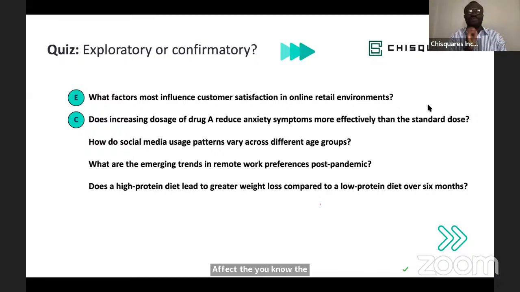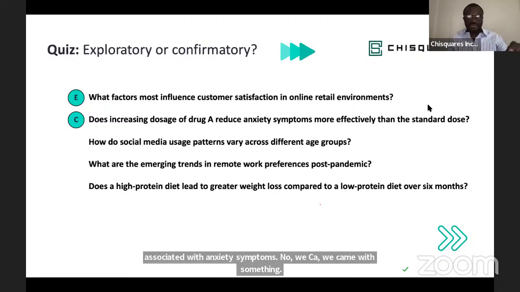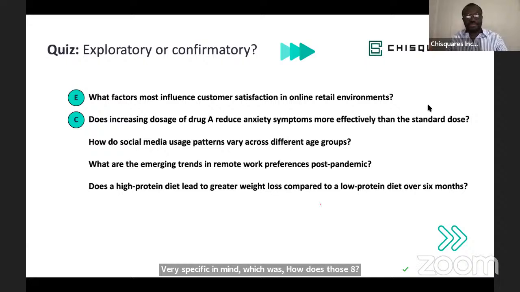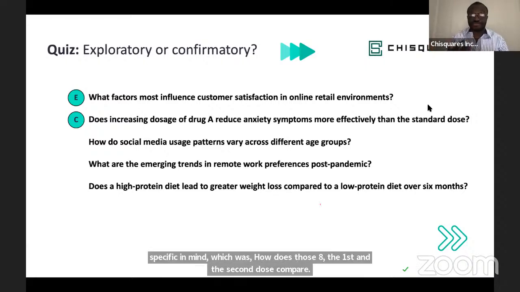We're not coming with a blank mind and saying, let us just see what factors are associated with anxiety symptoms. No, we came with something very specific in mind, which was, how do the first dose and the second dose compare in terms of this outcome? That is why it is not exploratory.